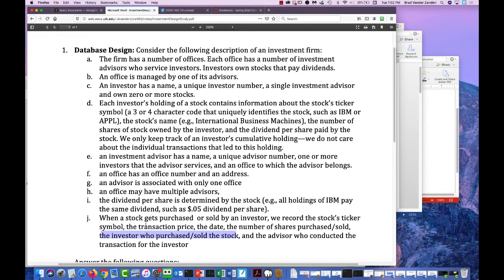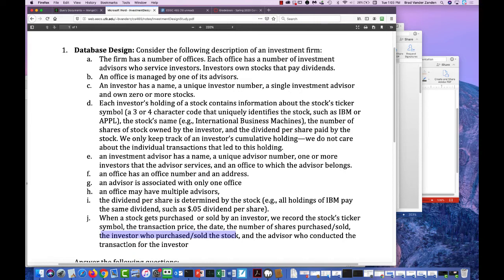So it seems like we have three identifying attributes here. What is also kind of the stock's ticker symbol, the investor who purchased the stock, and the advisor? What are those attributes like? They're foreign keys. They're references to other entities.